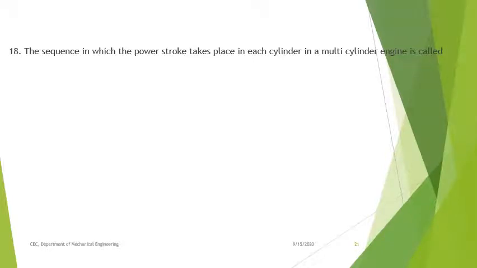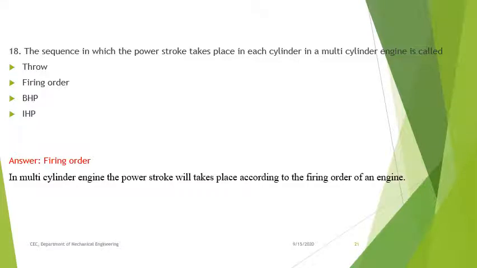The sequence in which the power stroke takes place in each cylinder in a multi-cylinder engine is called throw, firing order, brake horsepower, or indicated horsepower. The correct answer for this one is firing order. In a multi-cylinder engine, the power stroke takes place according to the firing order of an engine.